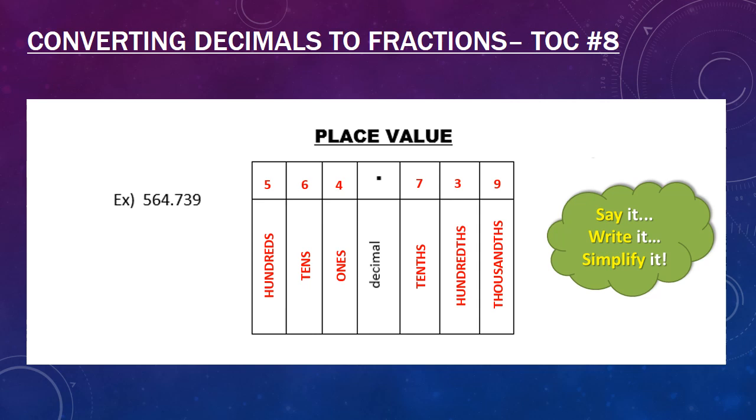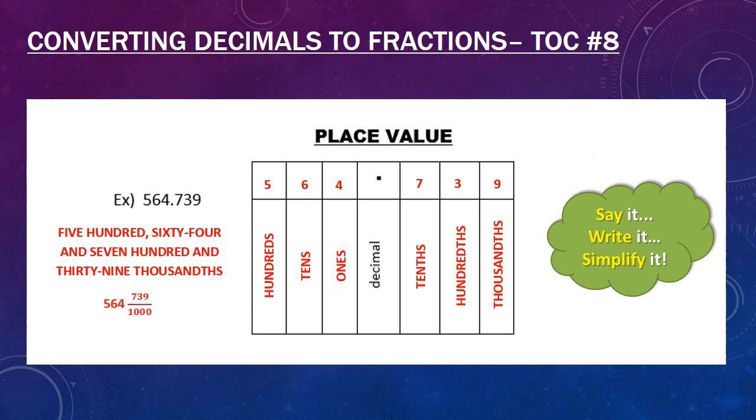Now, to convert it into a fraction, we are going to say it: 564 and 739 thousandths. You don't have to write all of that on your paper, but you do need to know how to say it, because if you can say it with place value, then you can write it.